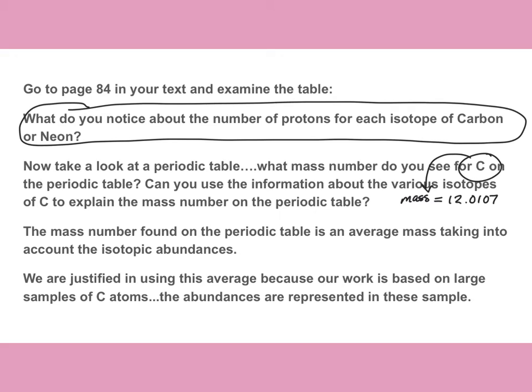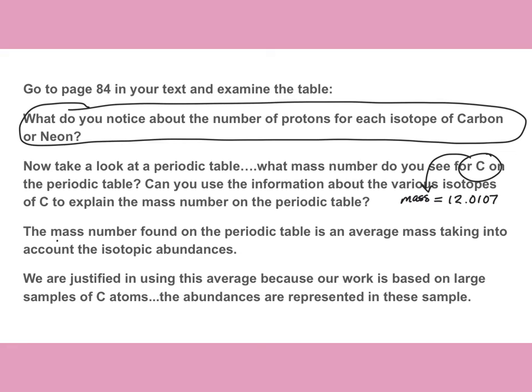But if you take a look at the abundances in the final column, you will see that most, by far, of the atoms of carbon have a mass of approximately 12.0 AMUs. There are about 1% of carbons that we know of in the universe that have a mass of about 13, and very few that have a mass of 14.